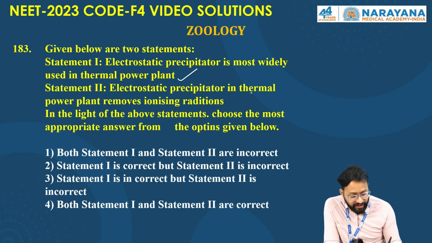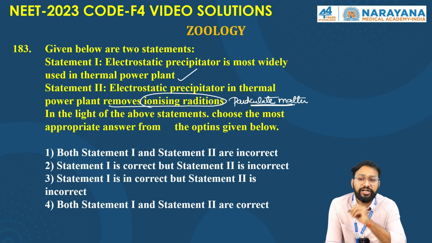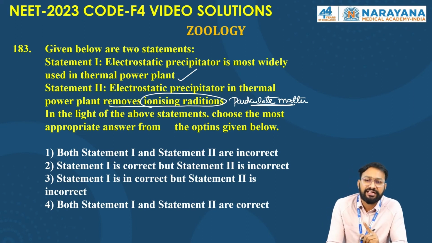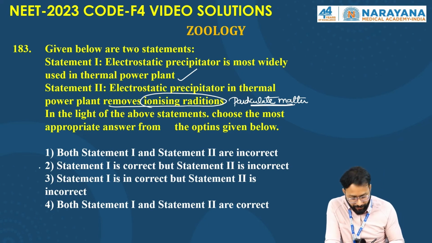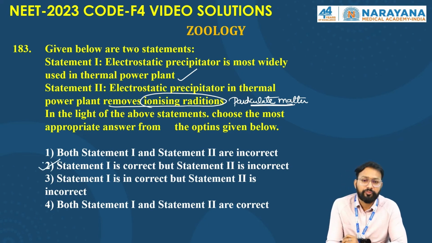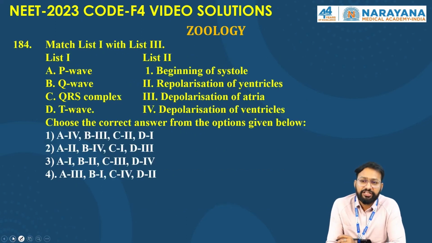Does an electrostatic precipitator in a thermal power plant remove ionizing radiations? No. It is helpful to remove the particulate matter. So statement 1 is correct. Statement 2 is incorrect. Right? Option 2.